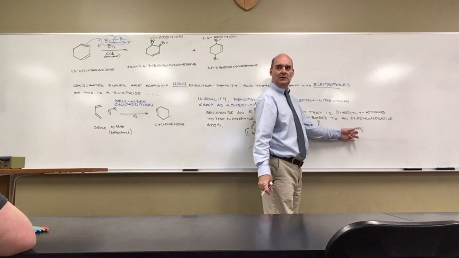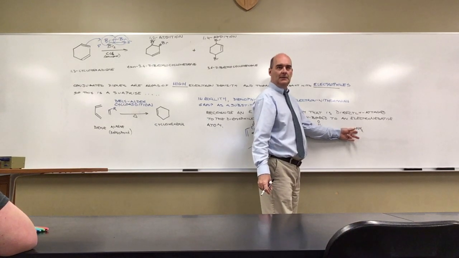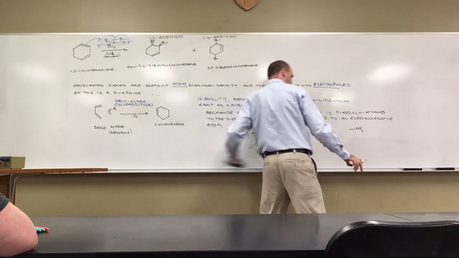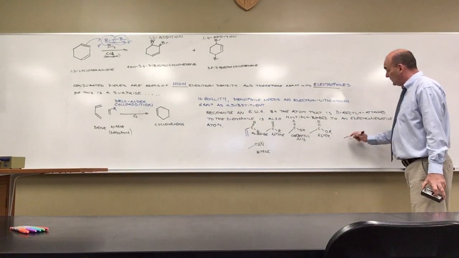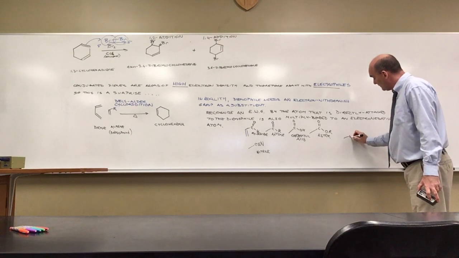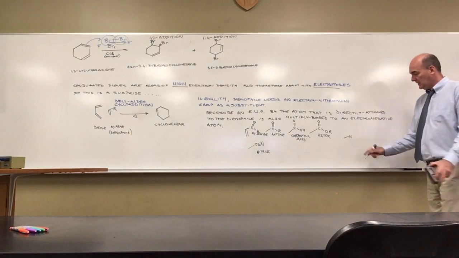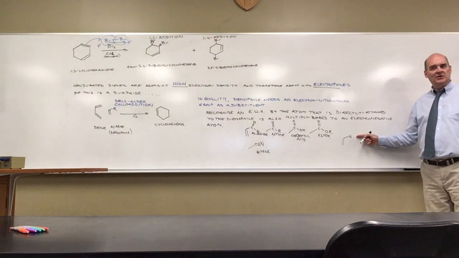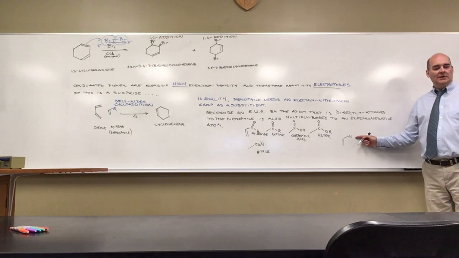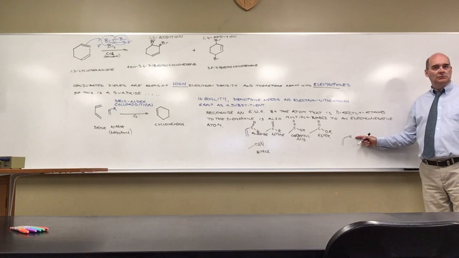There's no multiple bond here. So, nope. But I could start with a nitrogen. Here's a nitrogen. There's my dienophile right here. What could I attach to this nitrogen that would be a multiple bond to an electronegative atom? Knowing that nitrogen has to make 3 bonds. Oxygen.